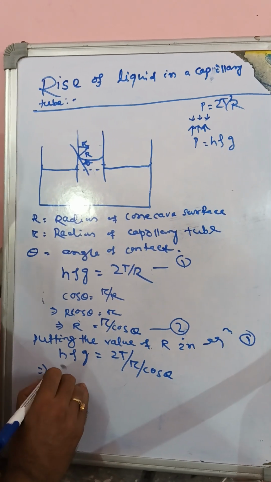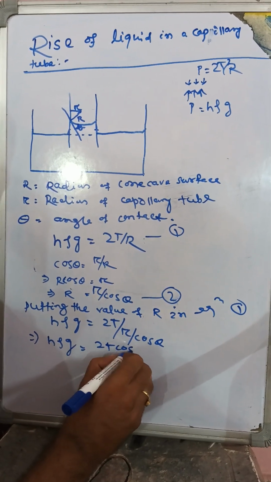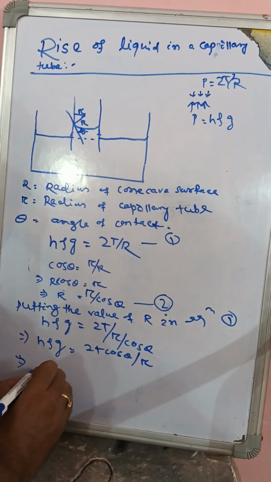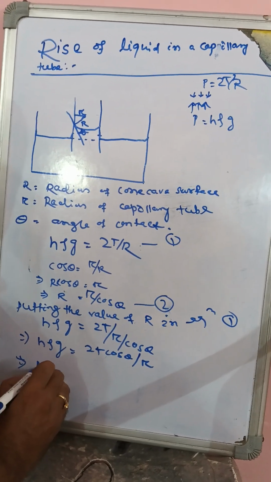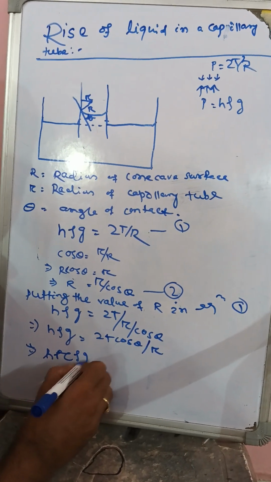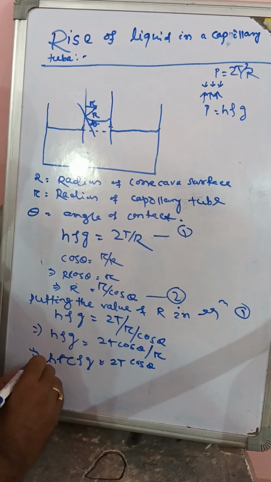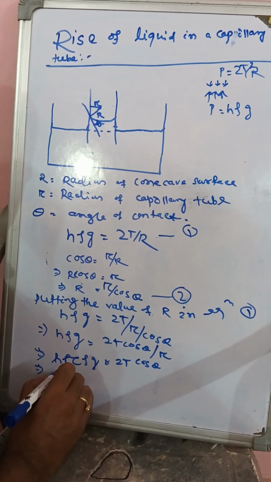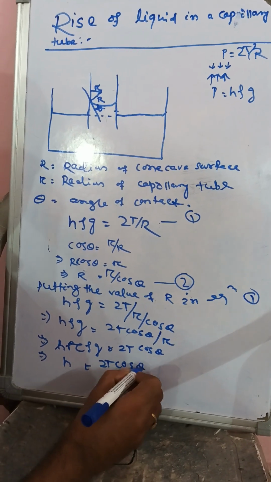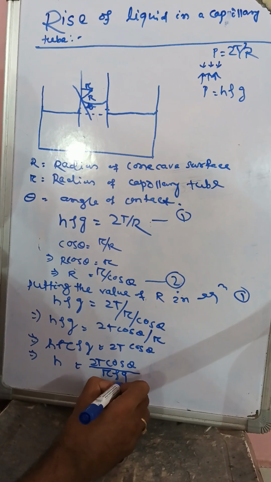Then h rho g is equal to 2T cos theta divided by r. This implies that h r rho g is equal to 2T cos theta, so h is equal to 2T cos theta divided by r rho g.